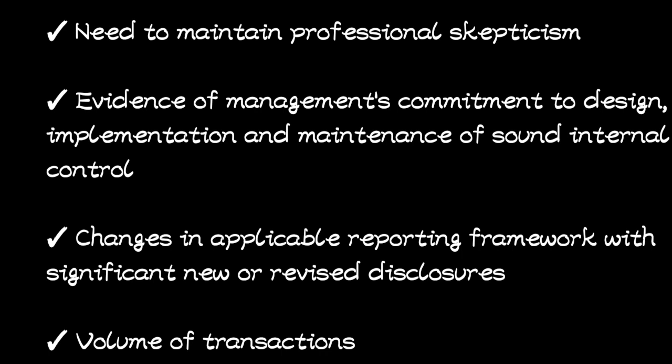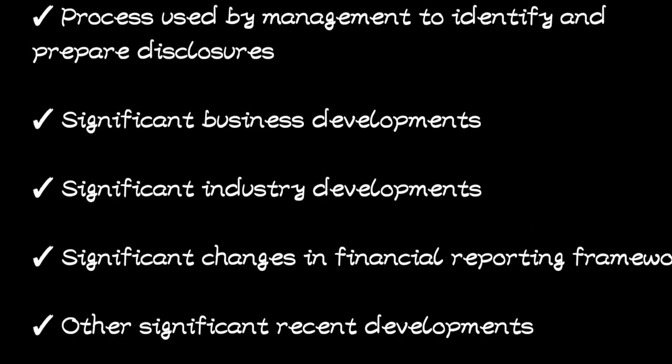Then has to look at the changes in applicable reporting framework with significant new or revised disclosures, whether there is any change in the applicable financial framework. Then has to look at the volume of transactions of that entity. The auditor has to look at the processes used by management to identify and prepare disclosures.